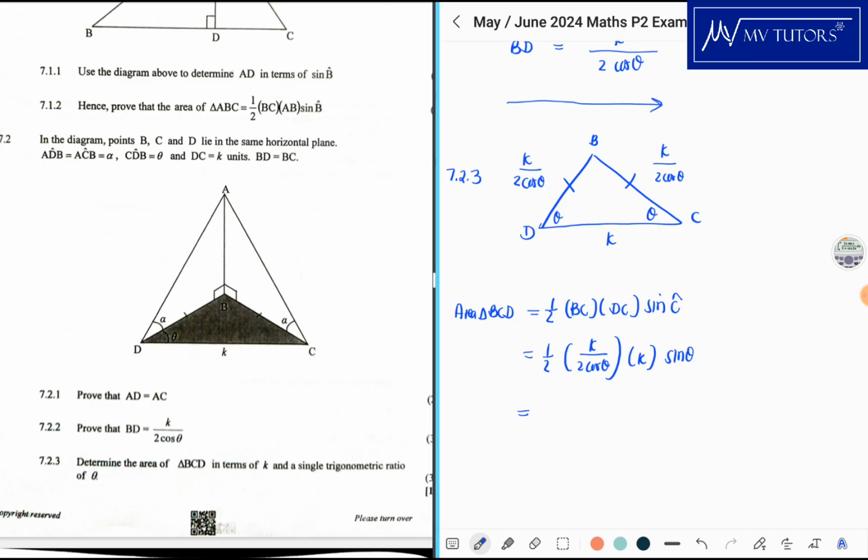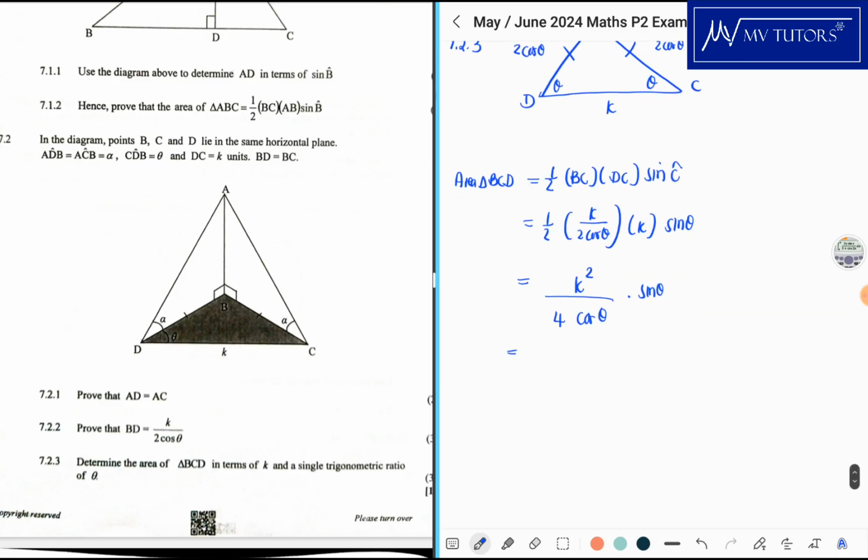Now I can't really leave it there. I have K squared, all right? And then I have 4 cos theta times sine theta. I could have left it here, but they said they wanted a single trigonometric ratio.